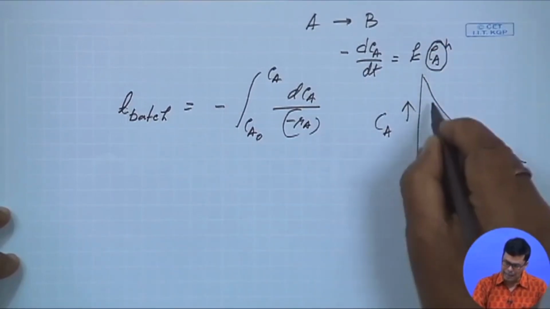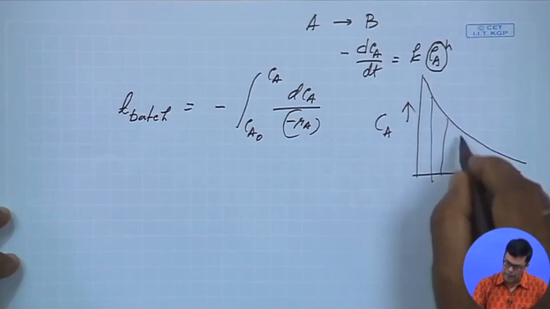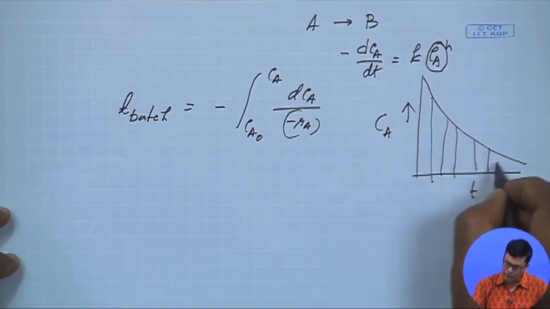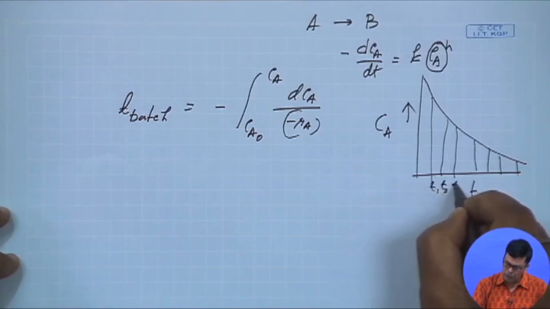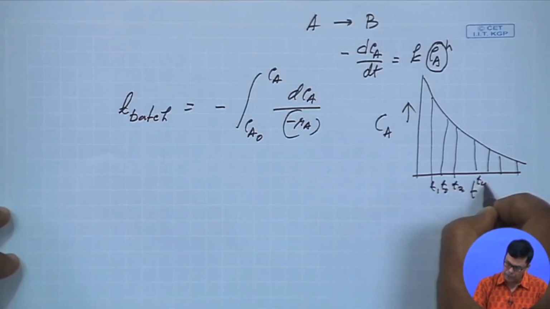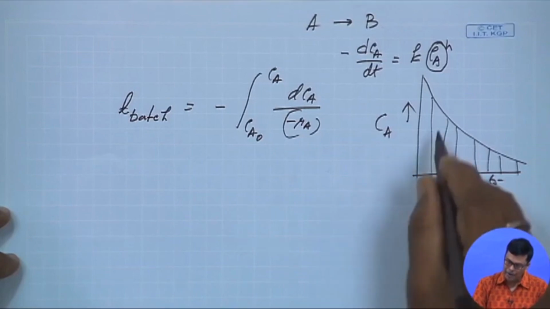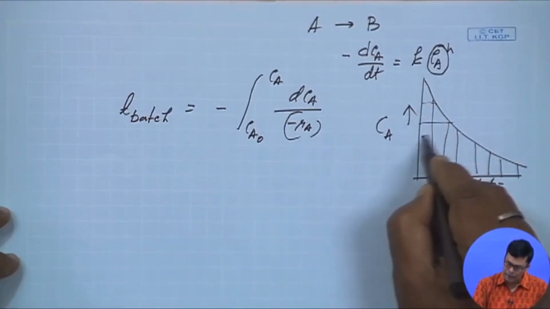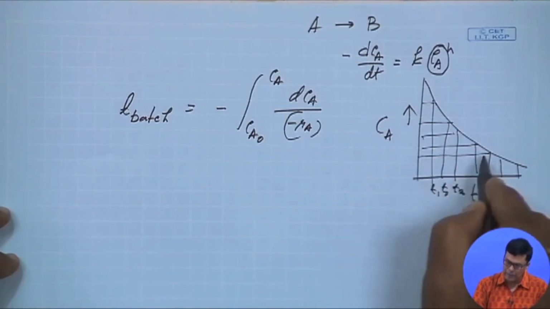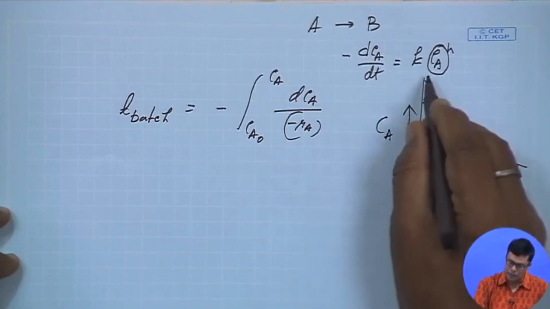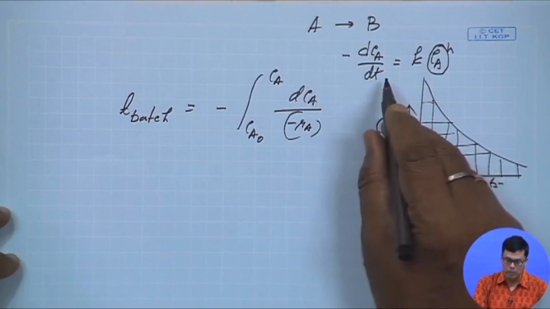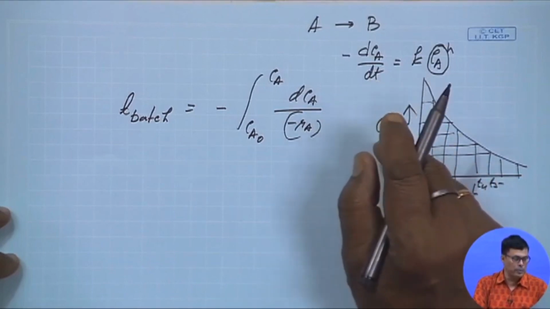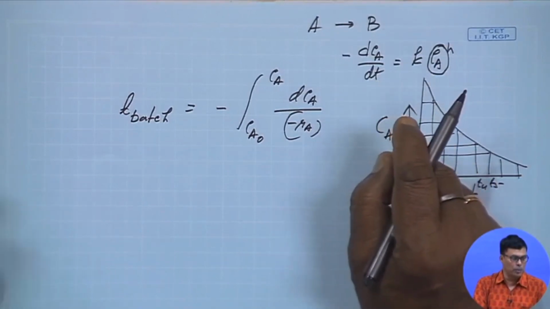As time passes, at different times T1, T2, T3, T4, T5, you have different substrate concentrations, and since you have different substrate concentrations, the rate of reaction will be different. The rate of reaction will not be constant.